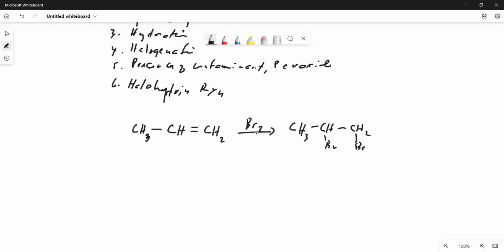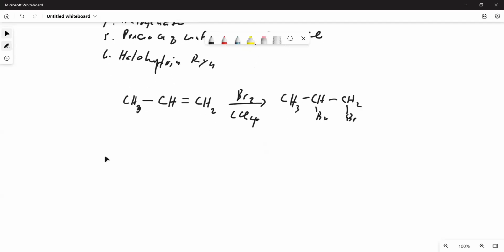So that's why if you are given an unknown in the lab, you can identify whether your unknown is alkene or alkyne because it will decolorize, okay? So that's why the process is what you call decolorization test. So this is usually done in the presence of nonpolar solvent because bromine is nonpolar and your alkene is also nonpolar.